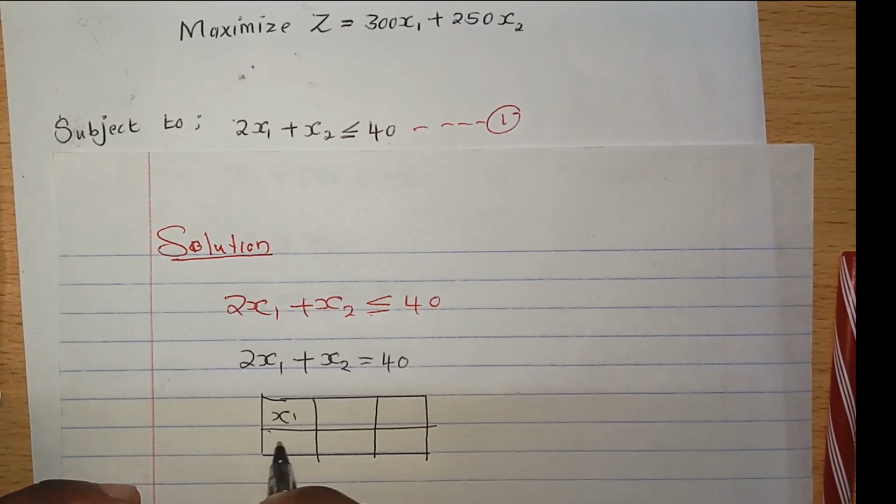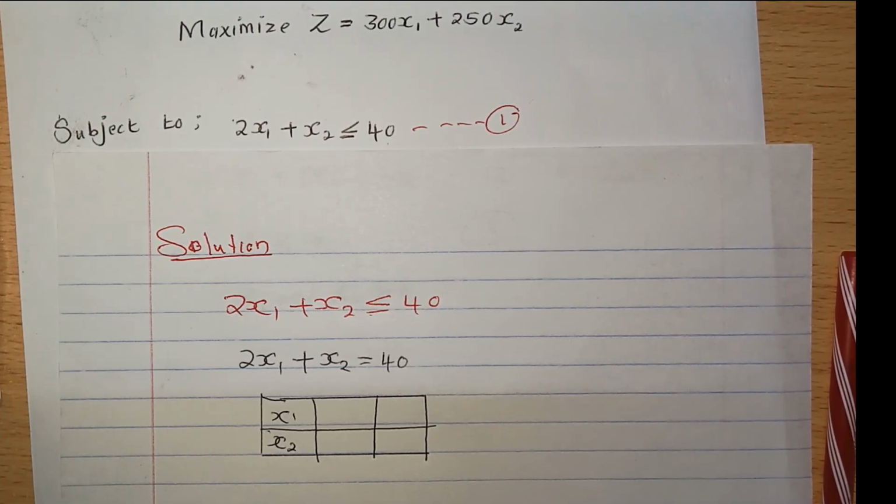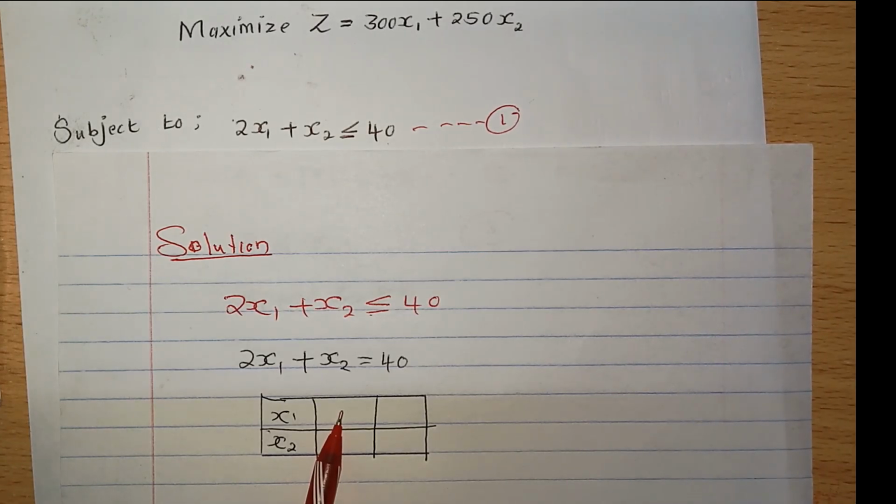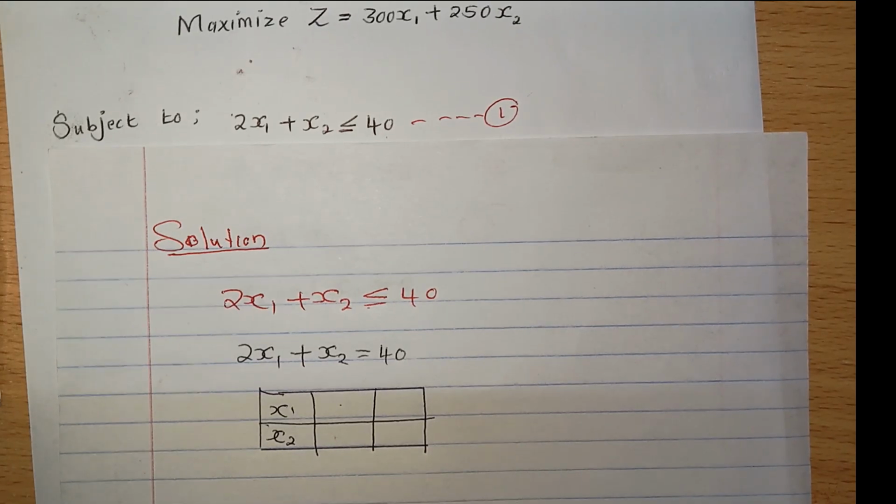Assume this is x1 and this is x2. Because we need 2 points to plot on the Cartesian plane, we are going to find the values of x1, and from there we find the points on x2, so that we can plot them.